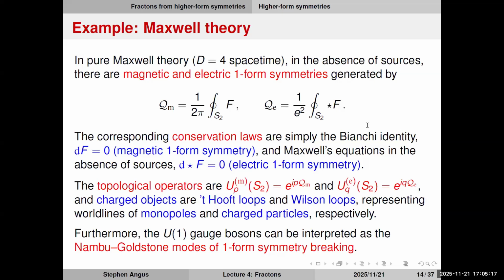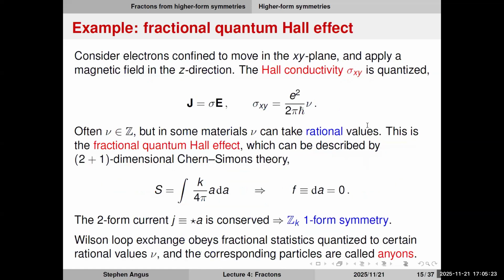So this is one example, and I will show another example, which is the fractional quantum Hall effect. Consider a situation where we have electrons confined to move in, say, the XY plane in some system, and then we apply a magnetic field in the Z direction.